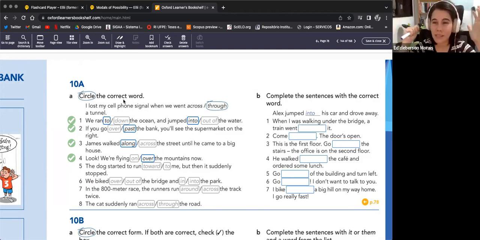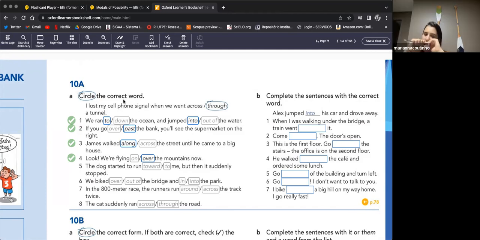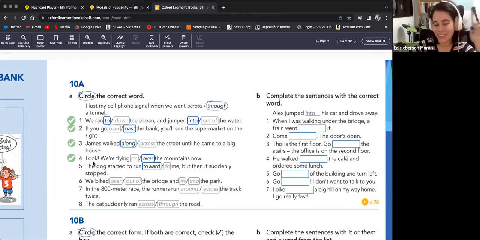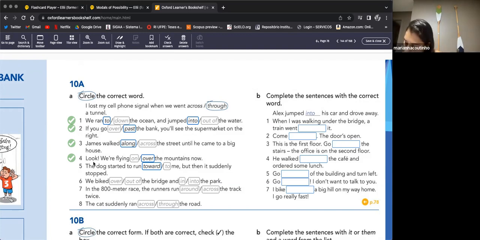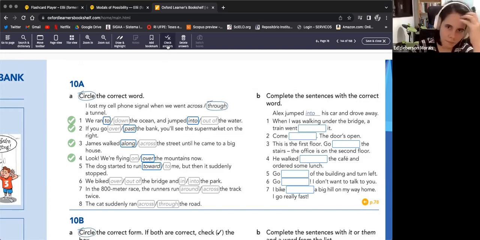Toward is the same as "em minha direção", okay? Toward me. And to. To is "para", but in this case, it is better for you to use toward, okay? Run toward me. Então, toward. Em minha direção. The dog started to run toward me.